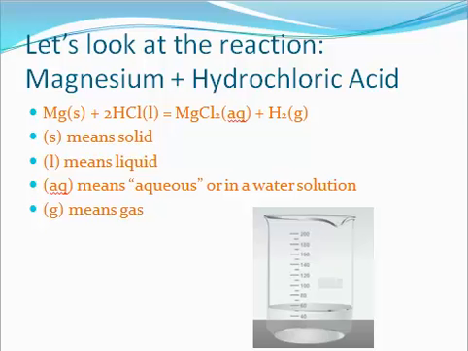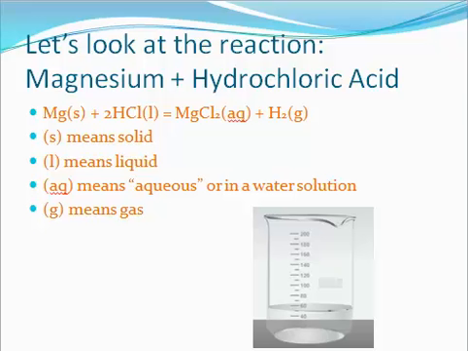Let's look at the reaction magnesium and hydrochloric acid. When you put magnesium into a hydrochloric acid solution, this reaction occurs. The symbols after the formulas mean: the S means it's a solid, the L means it's a liquid.